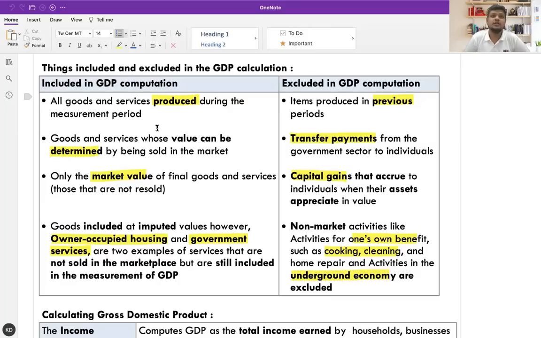In many countries in the world, for example, as far as I remember, one of the data said that the underground economy's contribution to India's GDP was around 24%. So almost a quarter of India's economy is officially the underground economy. Well, I don't believe that. I believe it's much higher.